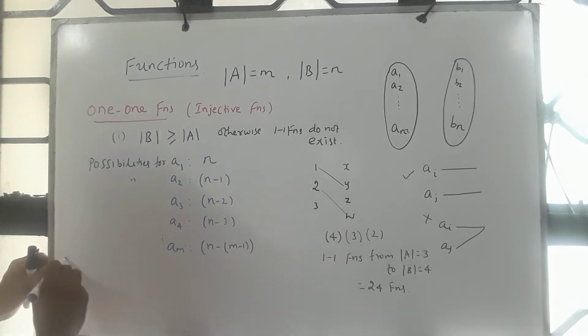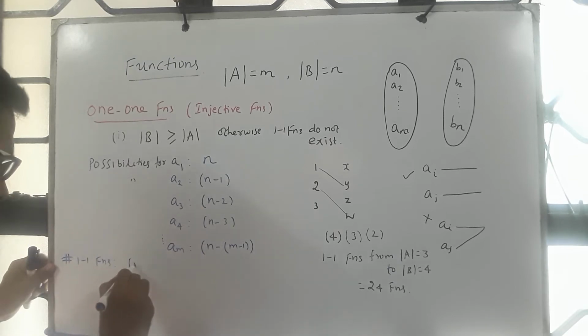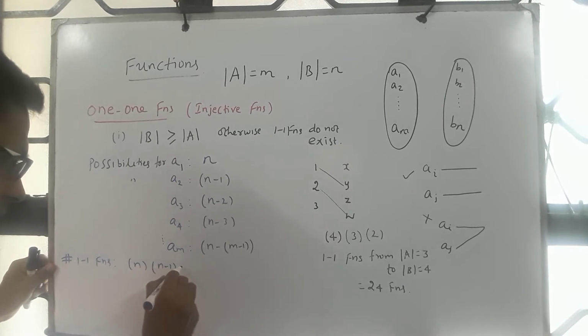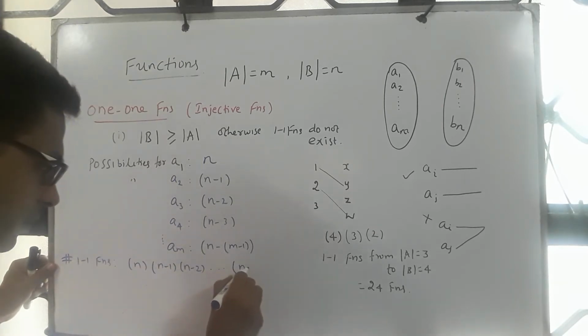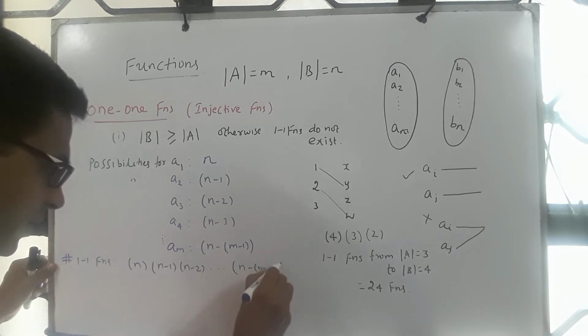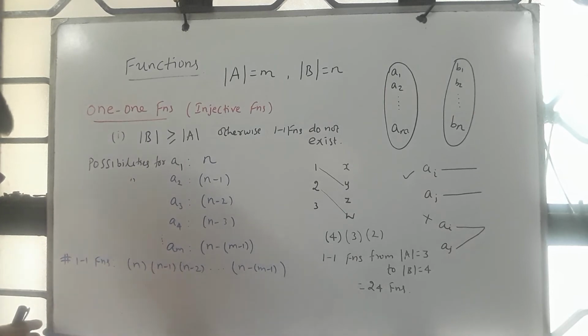So total number of one-to-one functions is precisely n into n minus 1 into n minus 2, and so on up to n minus m minus 1. So this will be the number.